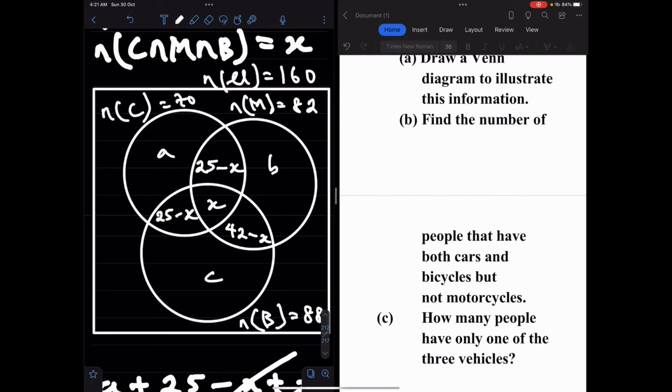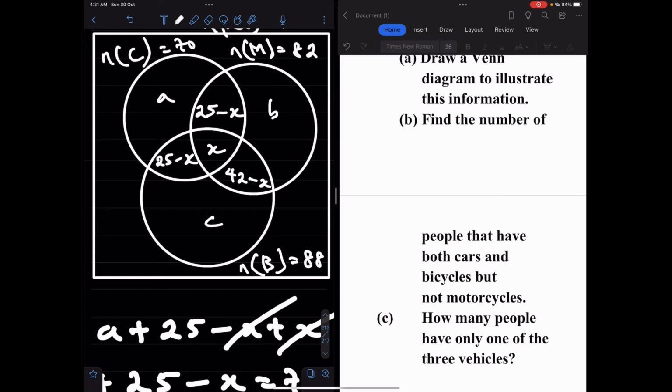Now we can answer the question. The question is to find the number of people that have both cars and bicycles but not motorcycles. So I need to know X.